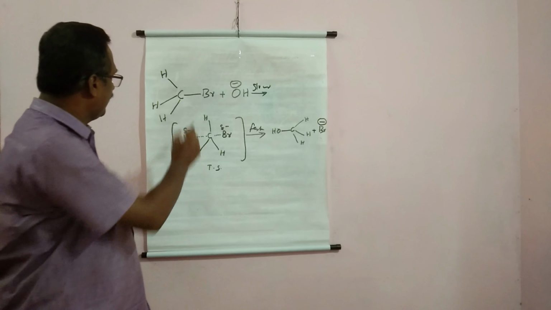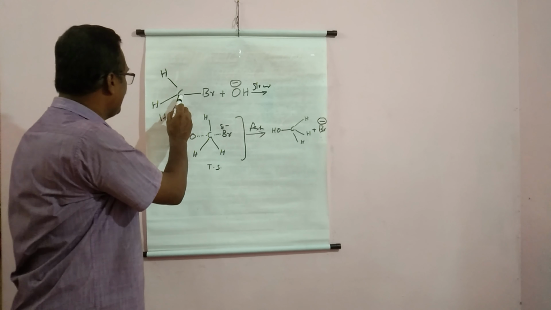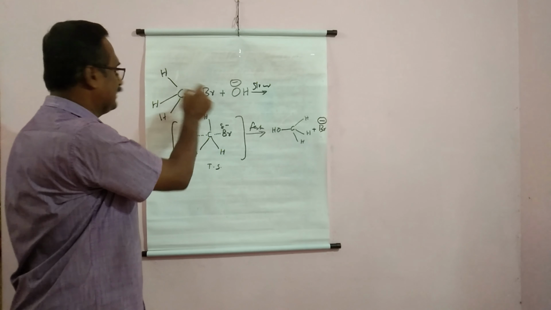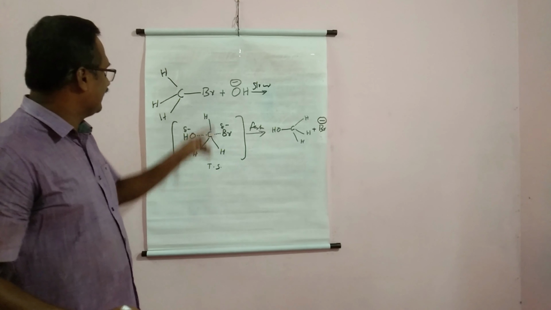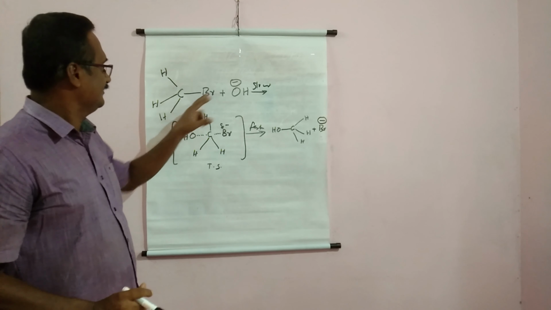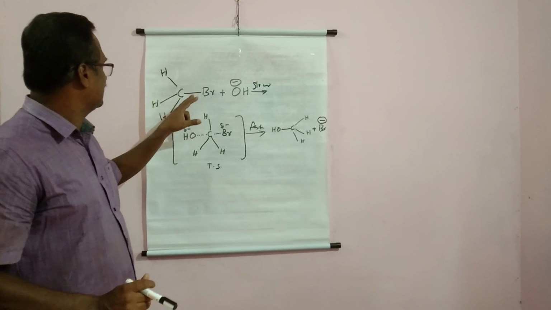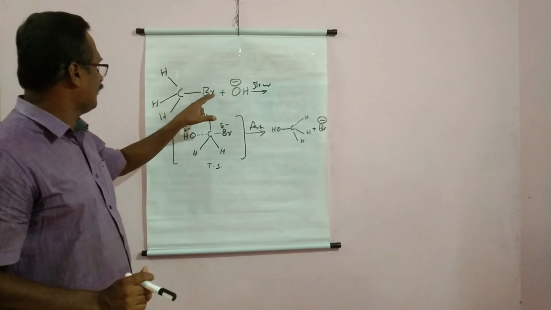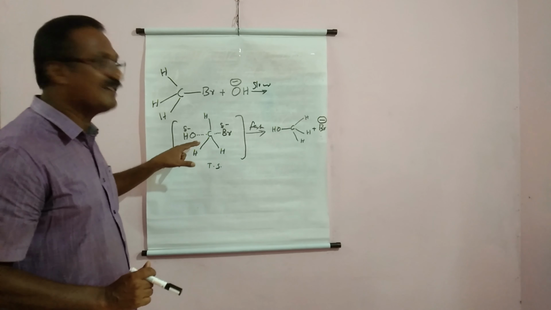In methyl bromide, the carbon atom is sp3 hybridized. The three hydrogen atoms and the bromine atom lie at the corners of a regular tetrahedron. When the OH minus approaches the methyl bromide, it approaches the carbon atom from the side remote from Br. What happens?